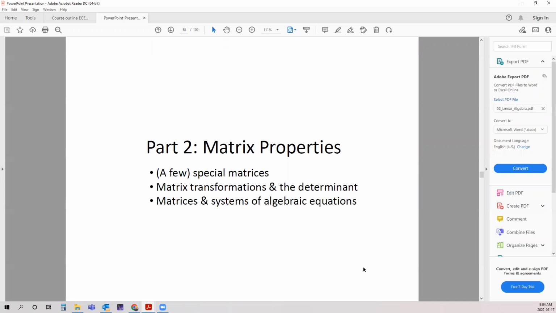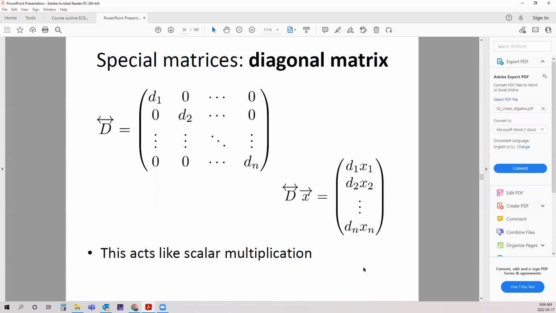Matrix properties. Special matrices: the diagonal matrix. We have values on the diagonal, and above and below the diagonal we have zeros. This acts like scalar multiplication. So the matrix D times the vector X gives D1 X1, D2 X2, up to Dn Xn.